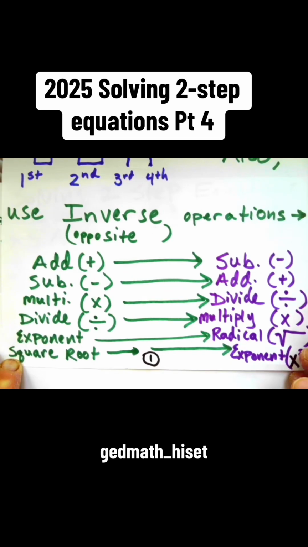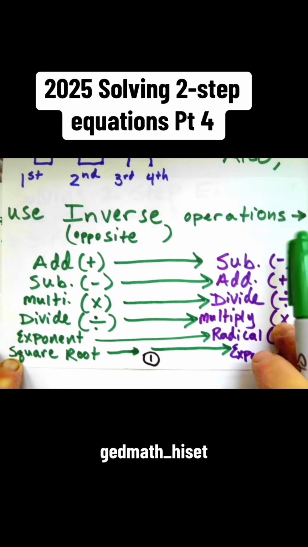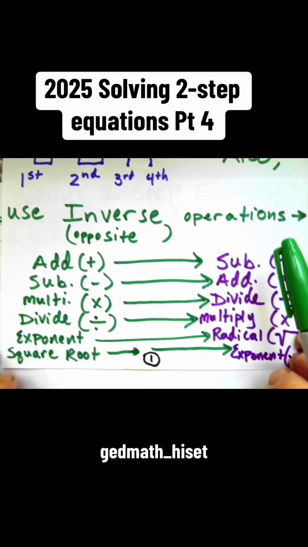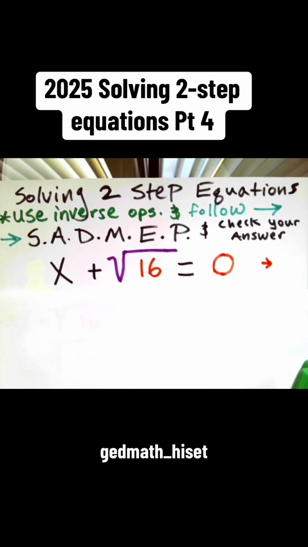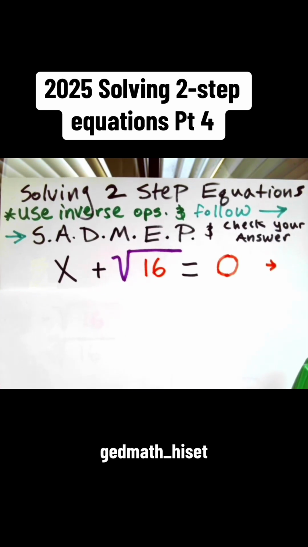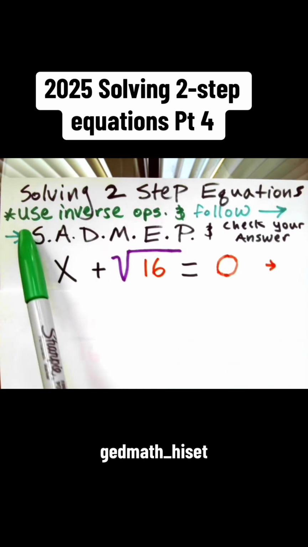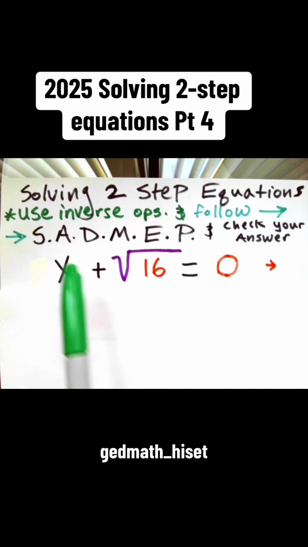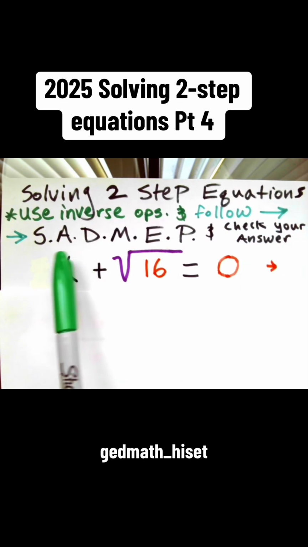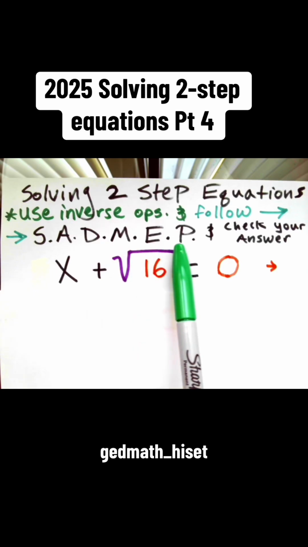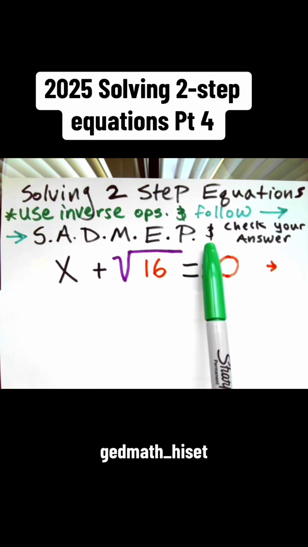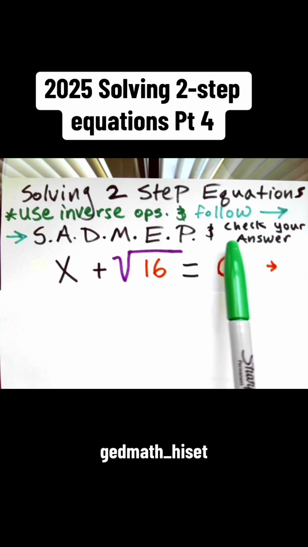You will be doing two of these procedures, the inverse operation. So let's go ahead and get started and let's take a look. Again, quick reminder, we're going to be using the inverse operations and following the opposite of PEMDAS, order of operations, in order to do that. And finally, you want to make sure you check that answer.